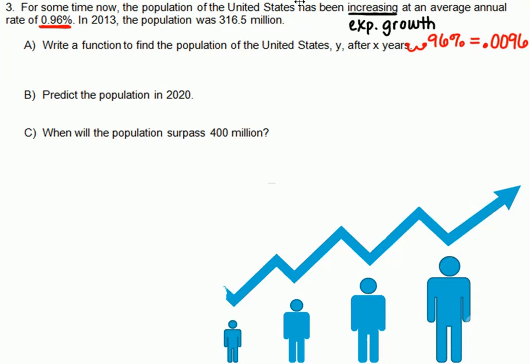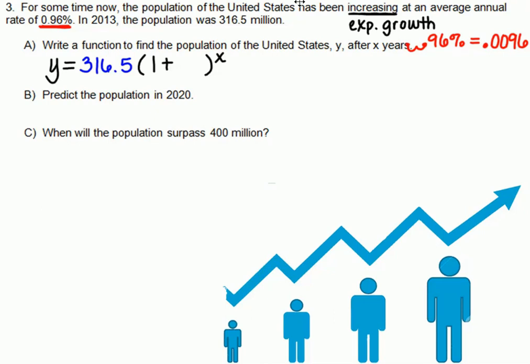Okay, so let's start our function with y equals, where y is the number of people. And we know in 2013, the population was 316.5 million. Because the population's growing, I'll have 1 plus, and x is my exponent, and it's the number of years.